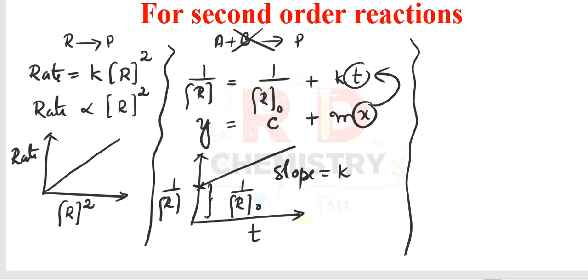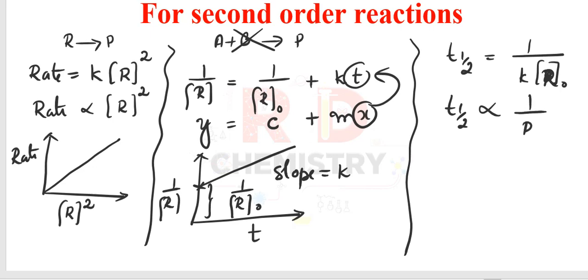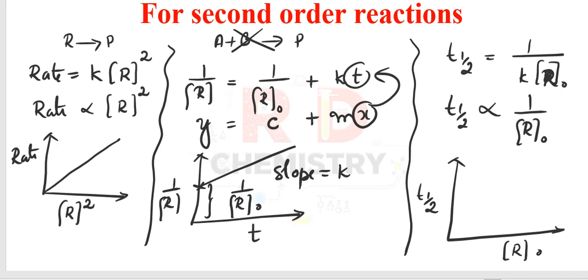Now for the second order reaction, half-life T half is equal to 1 divided by K into R naught, the initial concentration. So T half is directly proportional to 1 divided by initial concentration R naught. If I plot the graph of T half versus R naught, it should pass through the origin, directly proportional, right?